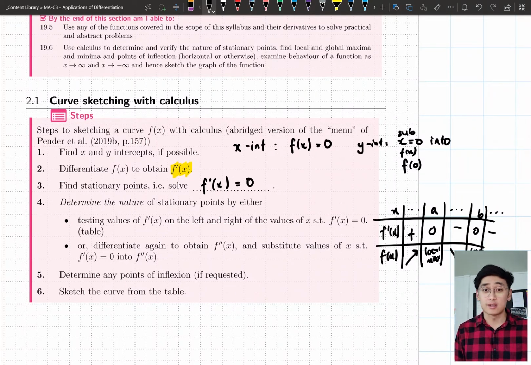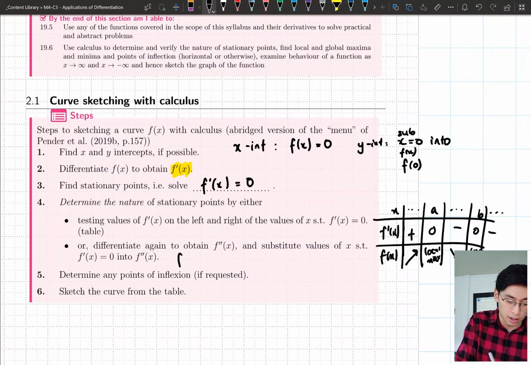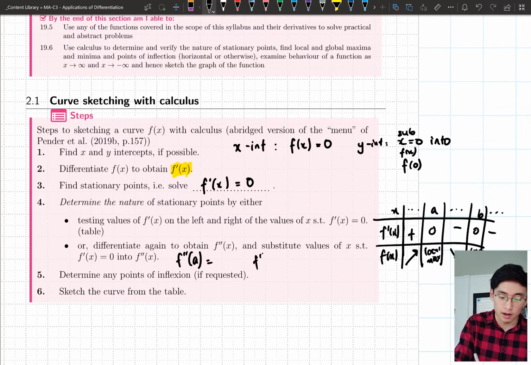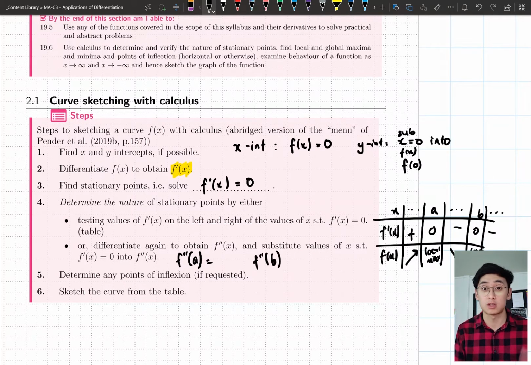The second way that you can do this is to differentiate again and get the second derivative, and sub your x values into your second derivative. In the second method that we did, and I think we did an example of this last lesson, we sub in the values that we got for our stationary points in the third step, and we figure out what f double dash of a is equal to, or f double dash of b. We sub those values into our second derivative, because it will tell us if it is a local maximum or local minimum, because of the shape that we're looking at.